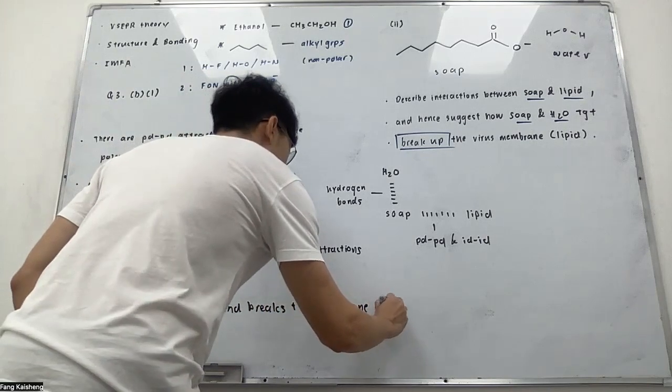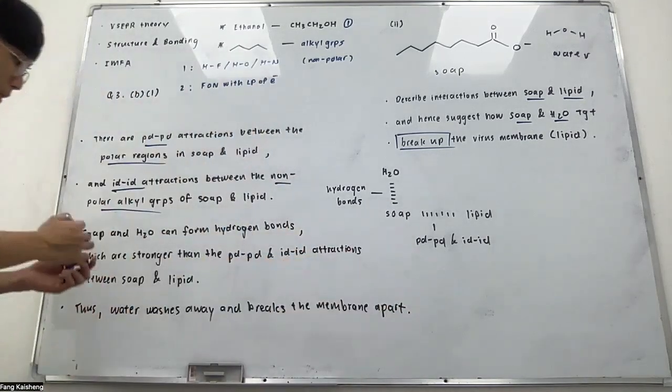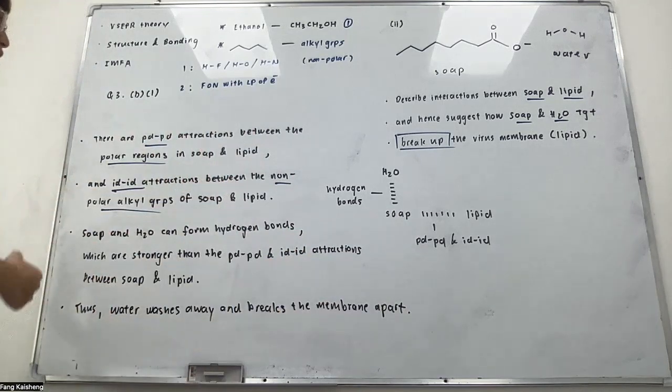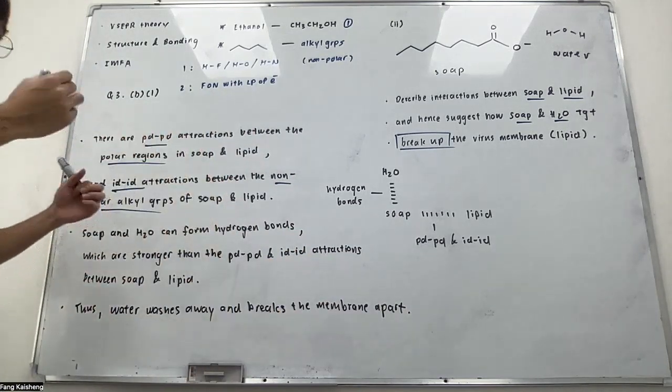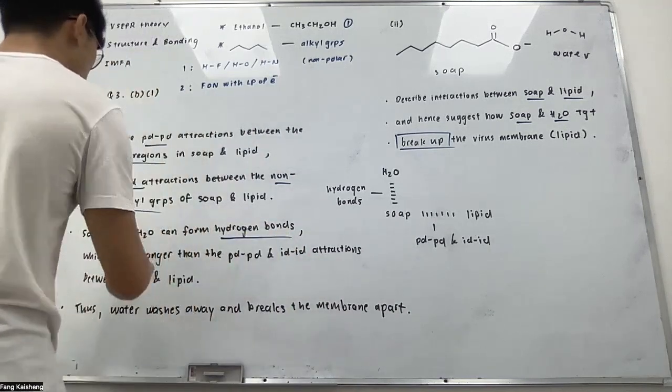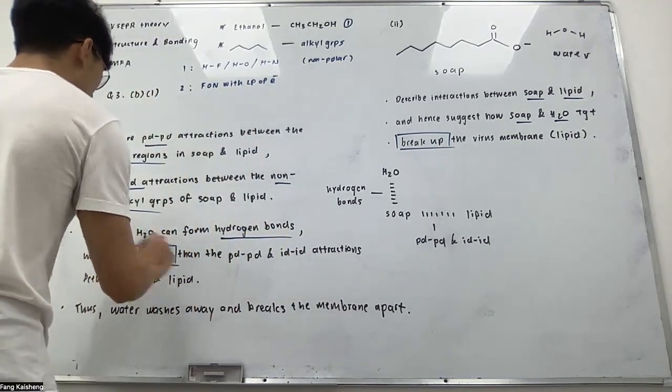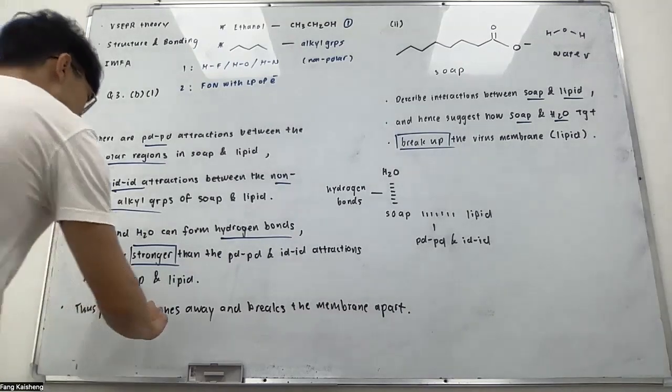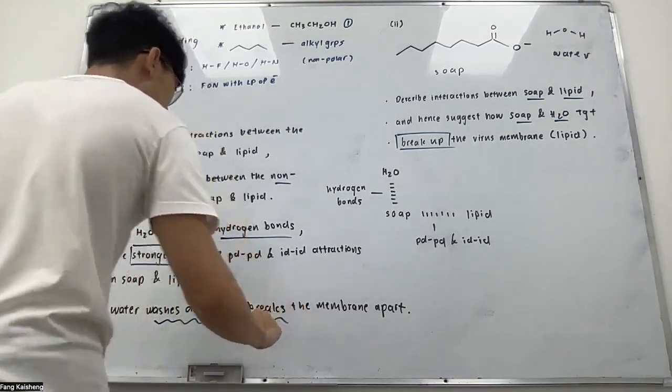So this last part is kind of like a contextual thing. How do all the interactions point towards the idea of breaking apart? So you just link it back to the factor. You mentioned the hydrogen bonds, and of course here we are comparing strength. Then the idea here is about washing away and breaking apart.